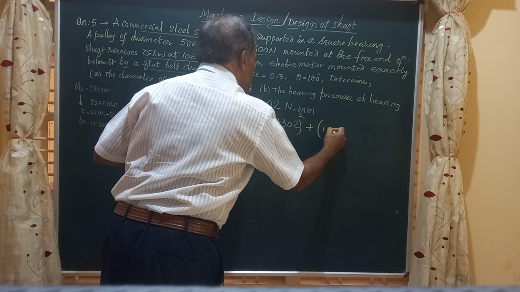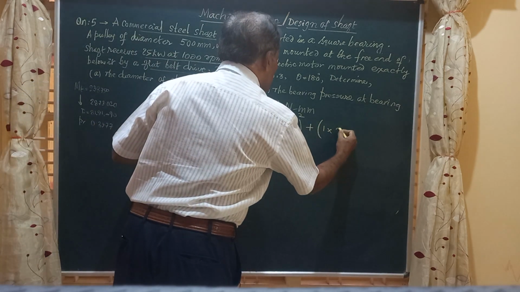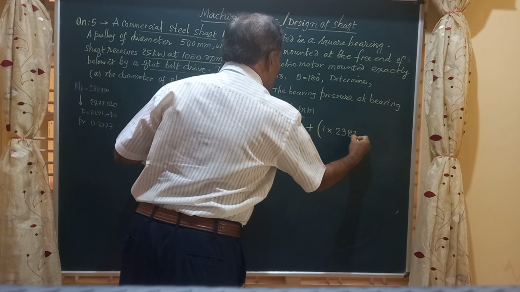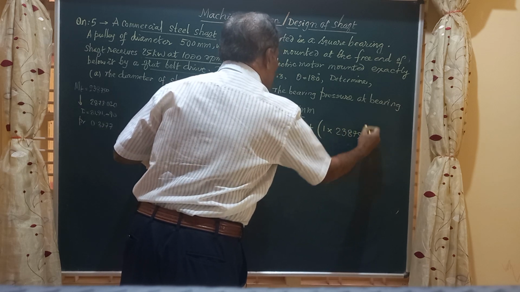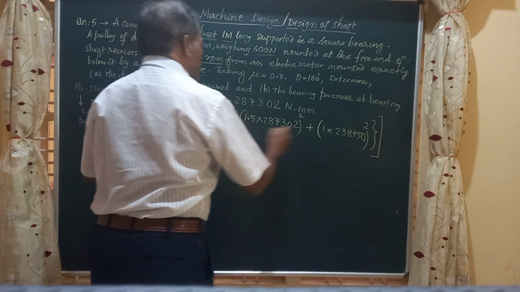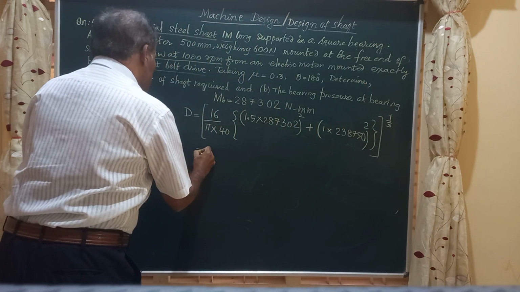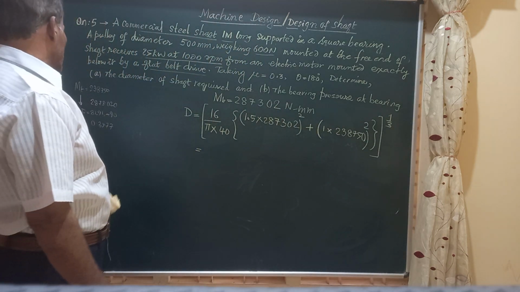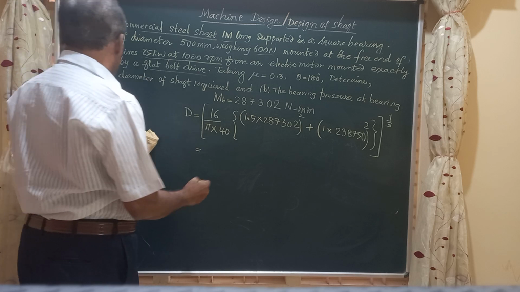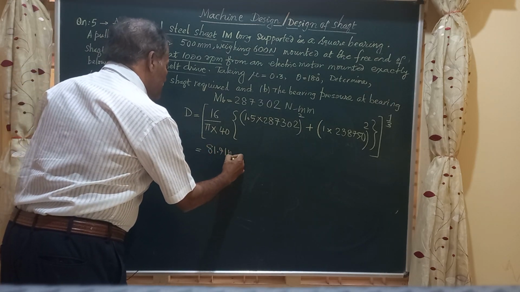KT is 1, MT value 238750, whole square, and the whole quantity raised to the power 1 by 3. Friends, this value of D, the diameter of the solid shaft, works out to 81.91 millimeters.